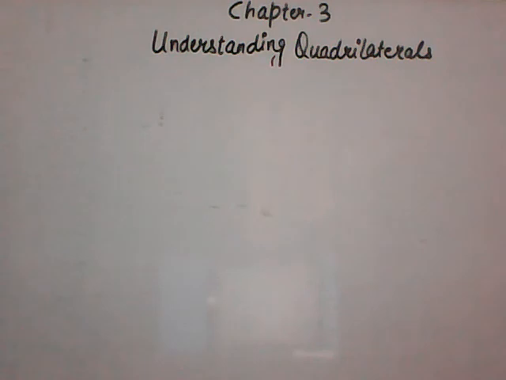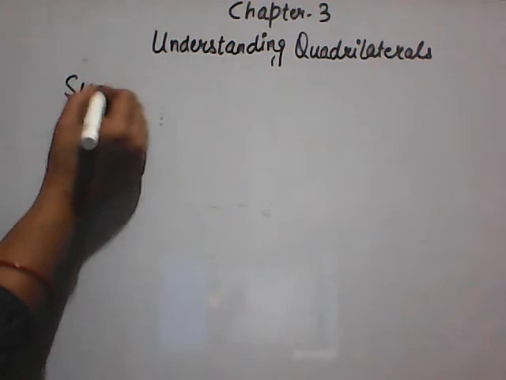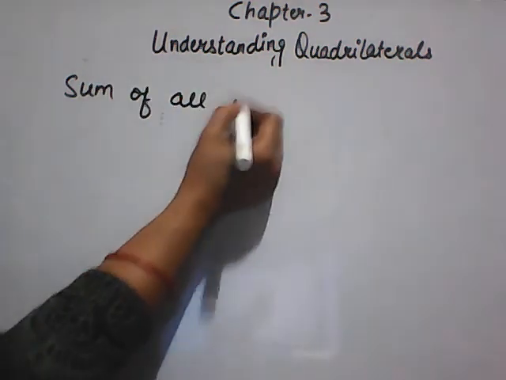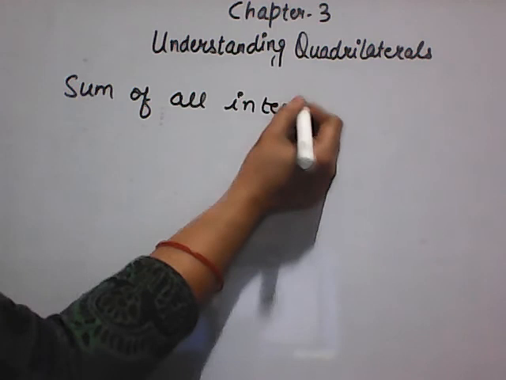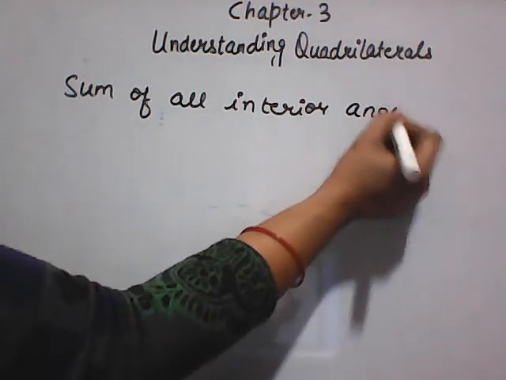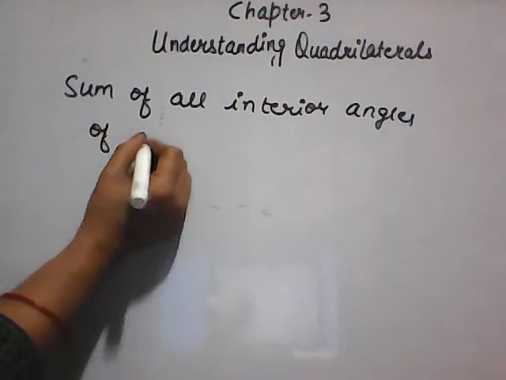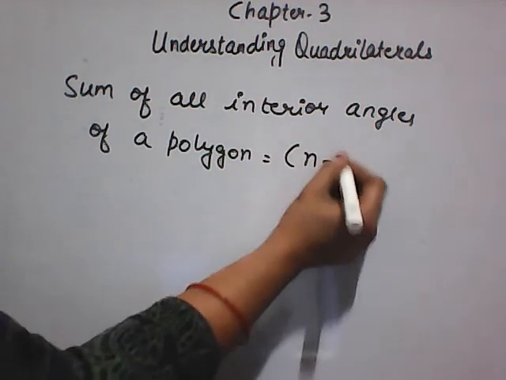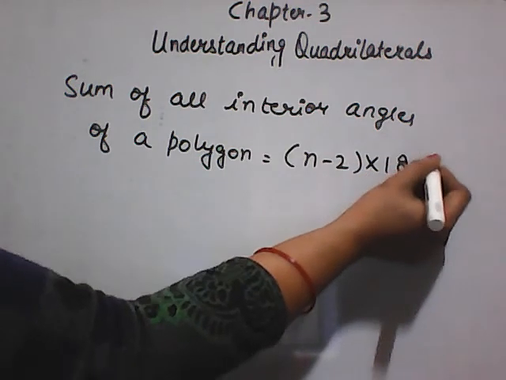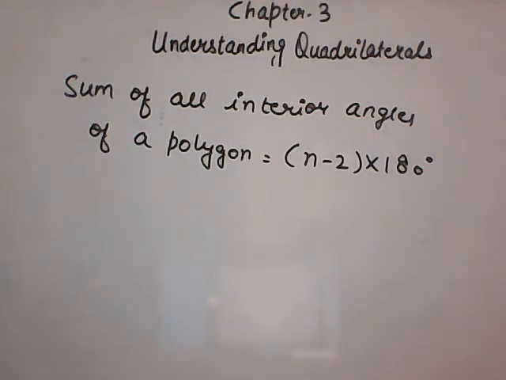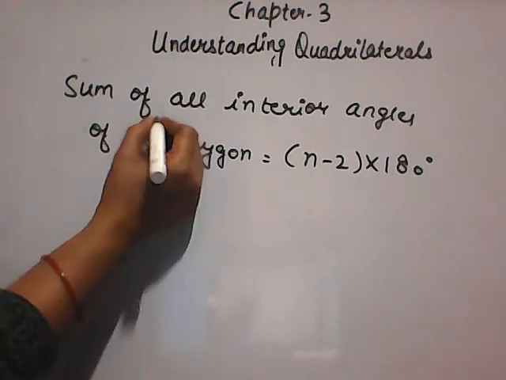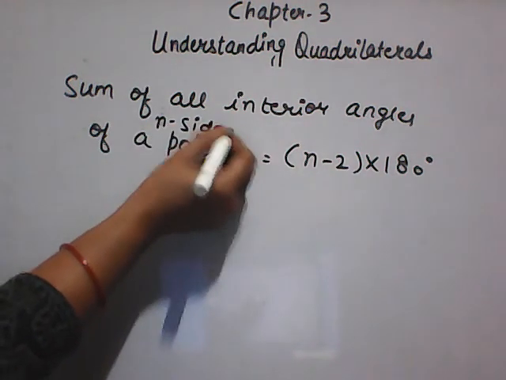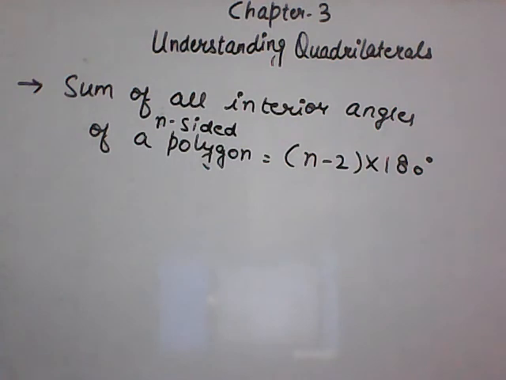For an n-sided polygon, the sum of measures of all the interior angles of a polygon can be calculated by using the formula n minus 2 multiplied by 180 degrees.